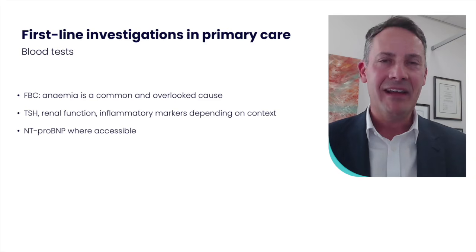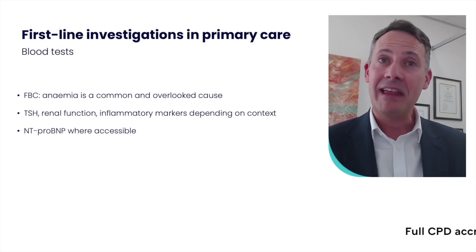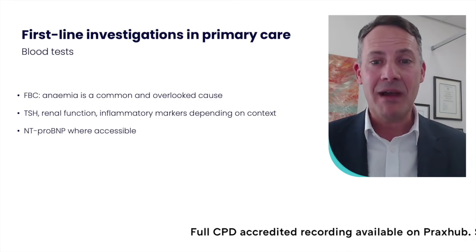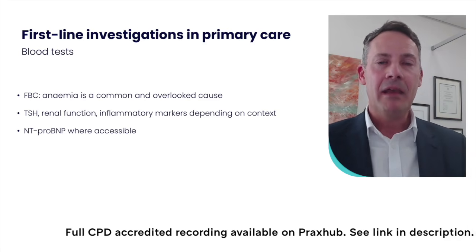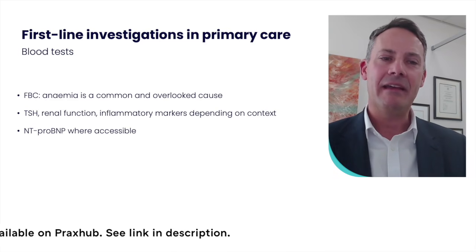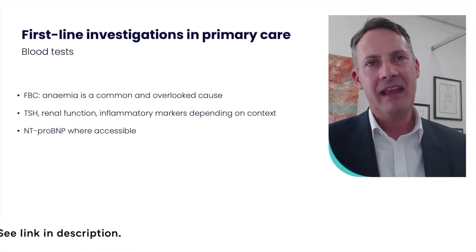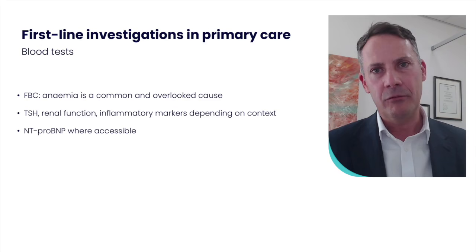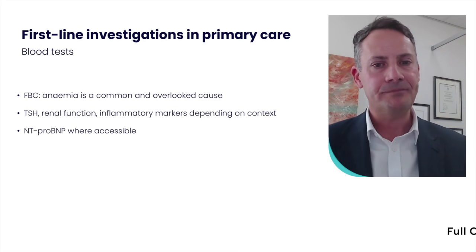You've got to think about someone's thyroid. You've got to think about their renal function, other inflammatory markers that might be up, and thinking more about blood tests. Their NT-proBNP is a way of looking for cardiac strain that may have been otherwise missed when the cardiologist is doing their echo.